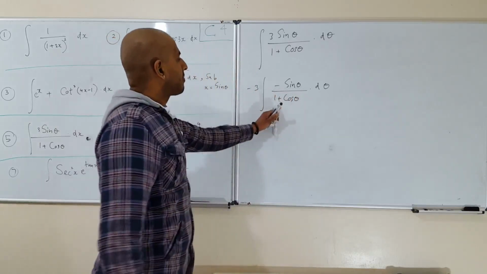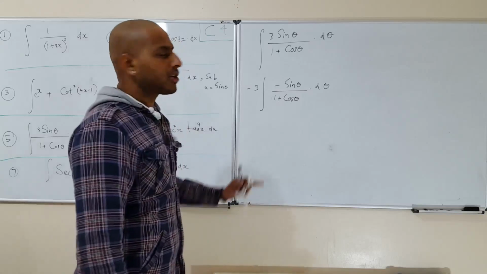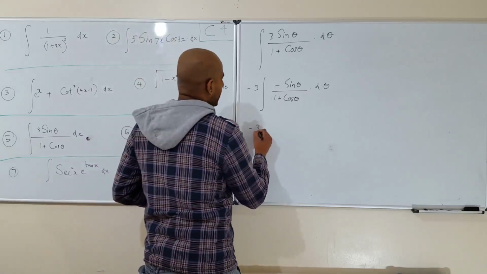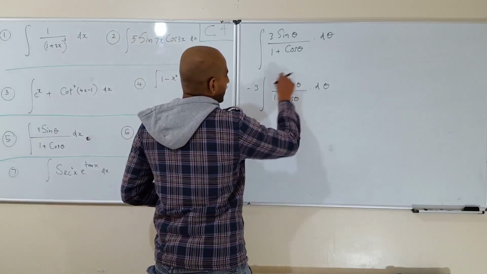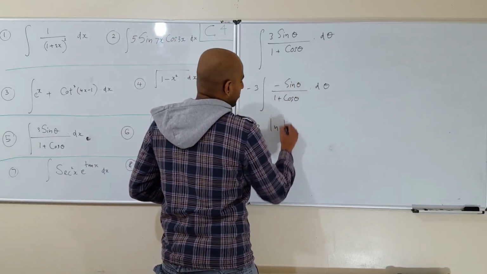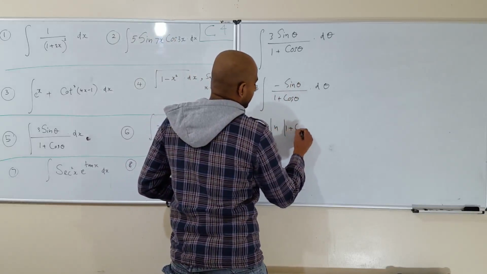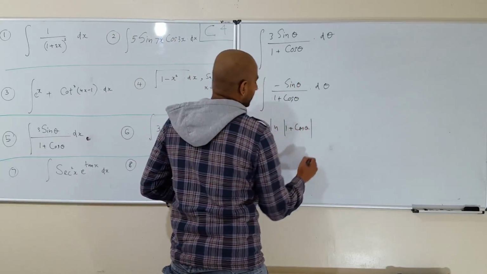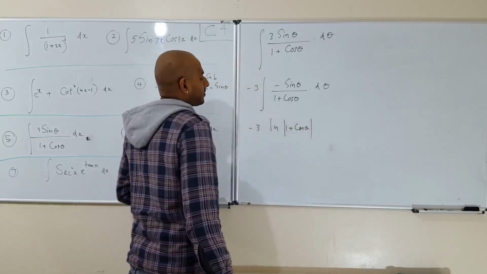So the differential of 1 plus cos theta, which is minus sine theta, is on the top. The answer would be then minus 3, when integrated, ln of 1 plus cos theta.